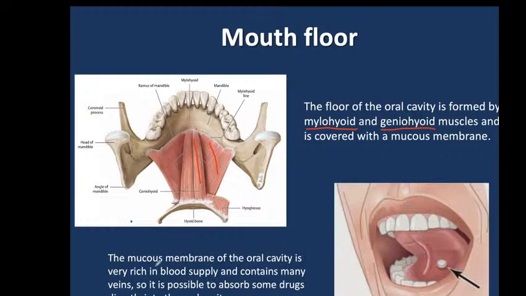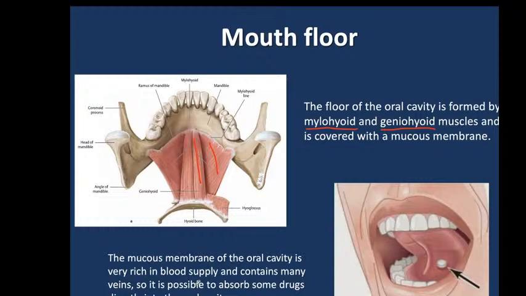An important thing you have to know is that under the tongue, the mucous membrane lines the lower part of the oral cavity, as well as the tongue and muscles here. It contains many veins.